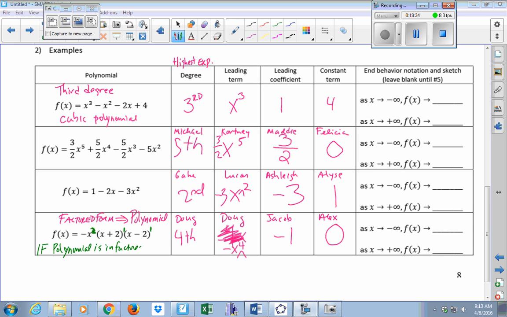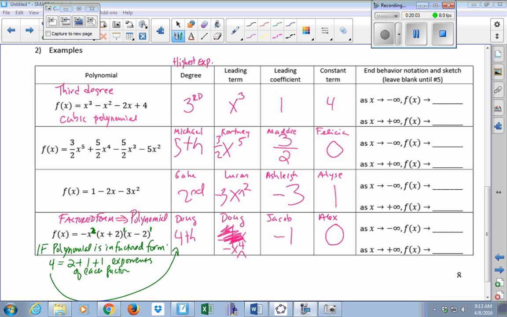If your polynomial is in factored form, which is what's going to happen on your next project, you add the exponents of each of your factors to get your degree. If you take x plus 2 times x minus 2 and you multiply that, you're going to get x squared minus 4.